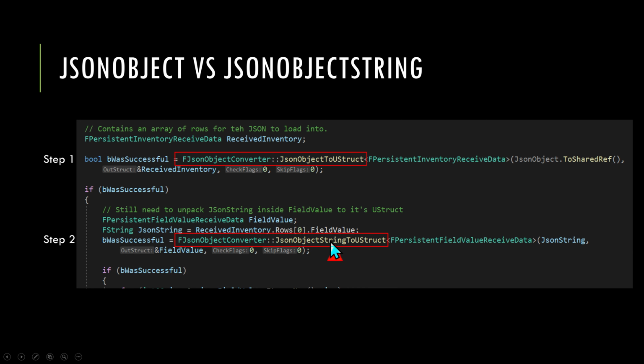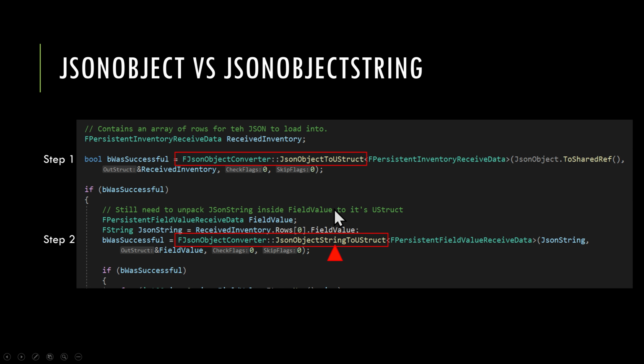The function knows that it's a string coming in this time instead of an object, and it's going to convert that to my UStruct, which it gets right here from this field values, which is of a persistent field value received data type. So the two-step method is I left the inner array as a string so that I could show you how to take a string and then parse it out as well.